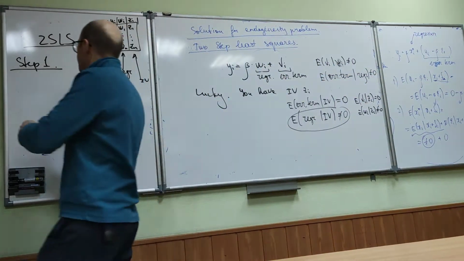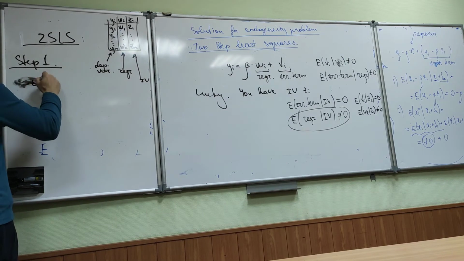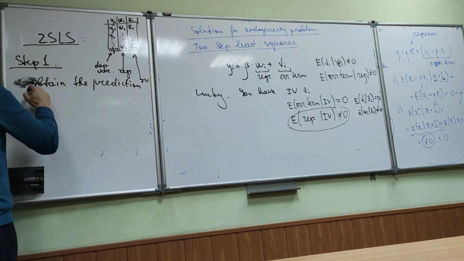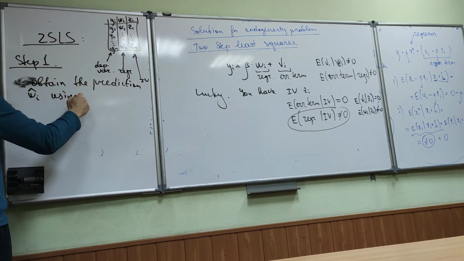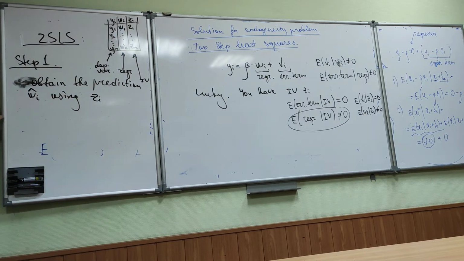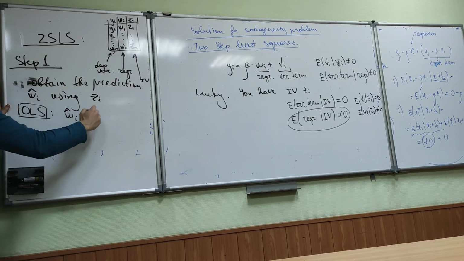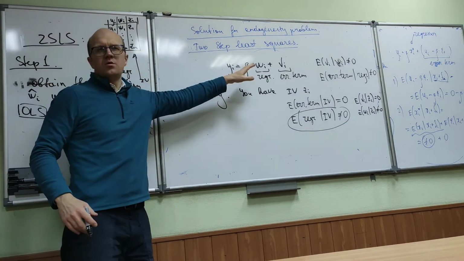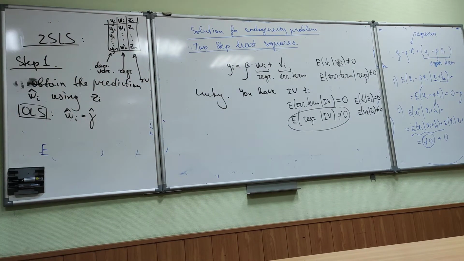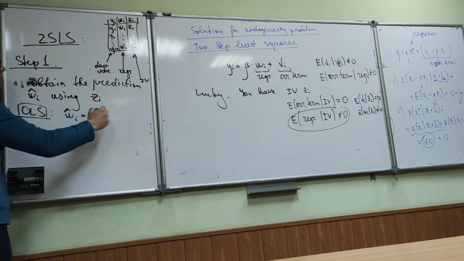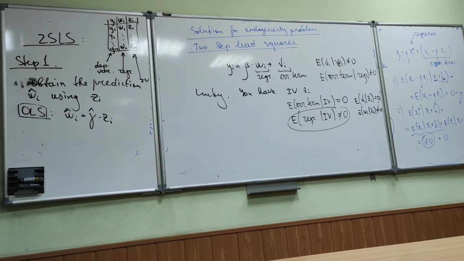So step 1: obtain the prediction W star using Z. You just use ordinary least squares: W hat equals gamma hat times Z. I will omit the constant for the moment to introduce the simple case, and then we will introduce the case with a constant.